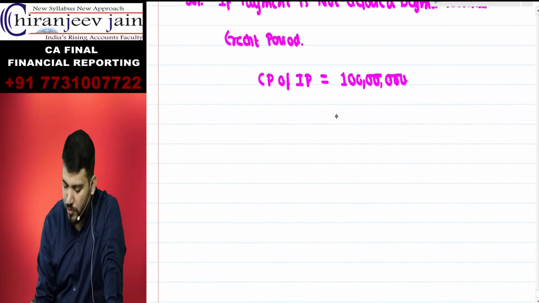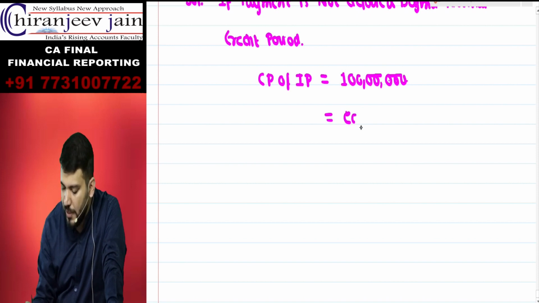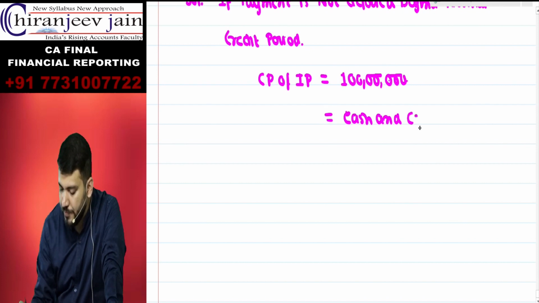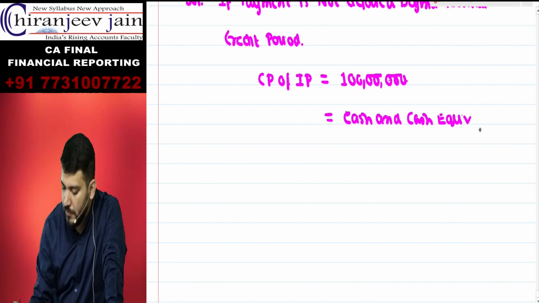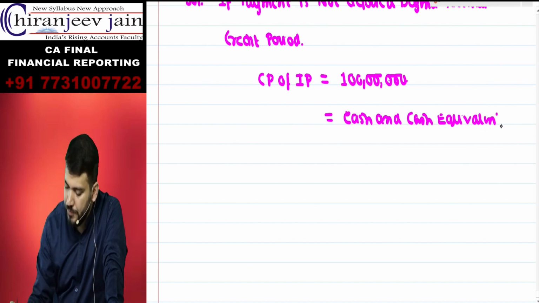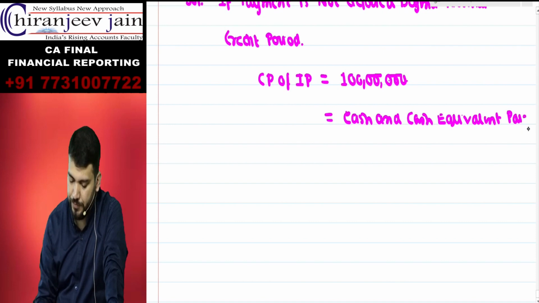Means before 1 crore you should write down what it is: cash and cash equivalent paid. Cost price of investment property is equal to cash and cash equivalent paid, which is equal to 1 crore. Okay? This is the first answer.